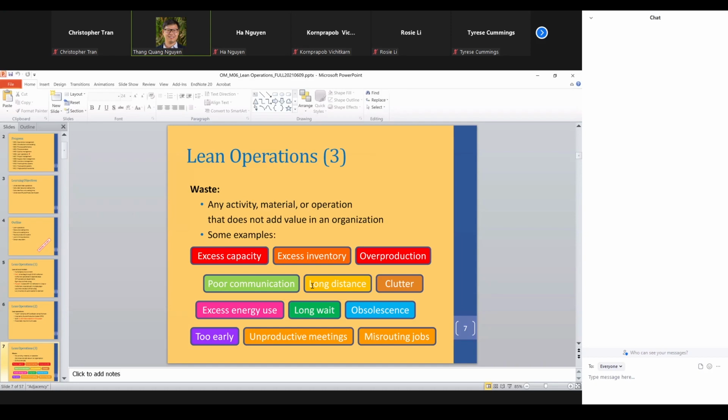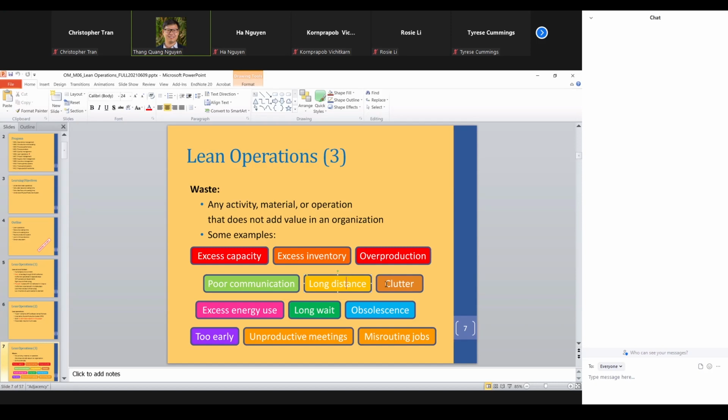And all the workers and all the merchandise can be routed over a shorter distance, right? So long distance is another form of waste. We have to walk so far before we can reach what we want to reach, right? So we need to identify that as waste and then try to cut it down.